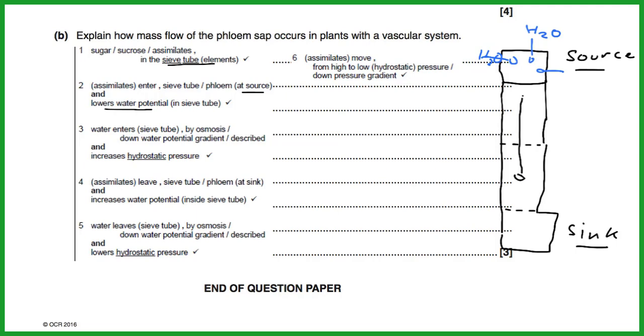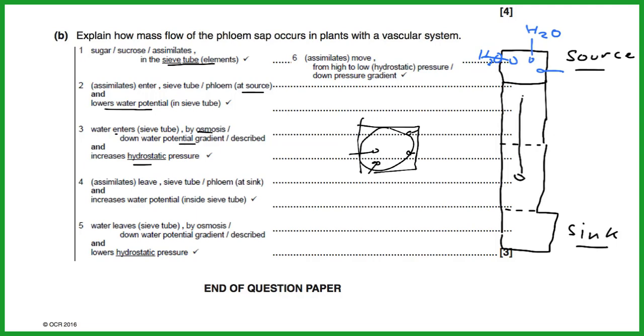And then the water can enter by osmosis down the water potential gradient, and that will increase the hydrostatic pressure because the volume of the cytoplasm will increase as the water moves in, therefore it will push against the cell wall, and the cell wall, being rigid or having a tensile strength, will push back onto the cell contents, therefore generating the hydrostatic or turgor pressure.